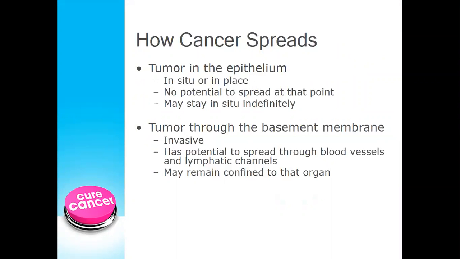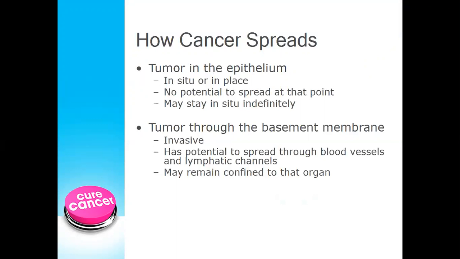A tumor that is confined in the epithelium is described as in situ, or in place. At this point, the cancer has no potential to spread to other organs of the body. A tumor may stay in situ indefinitely.